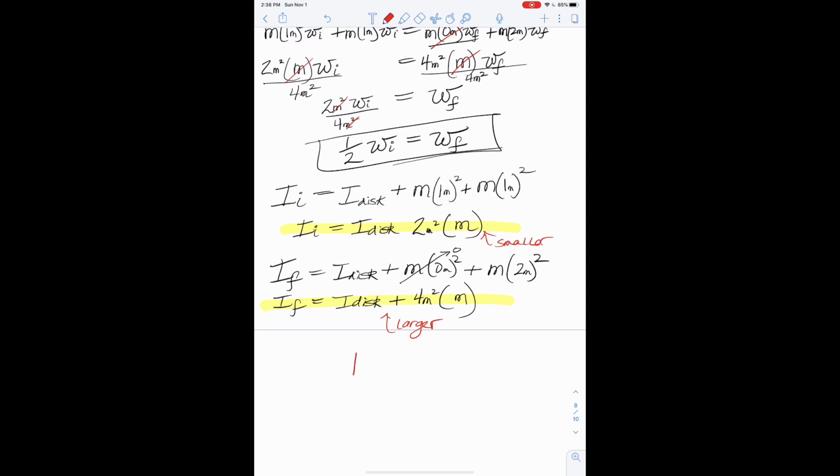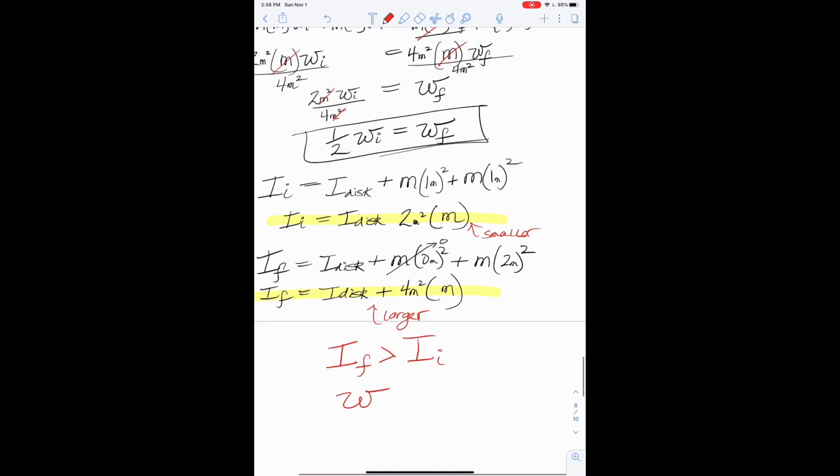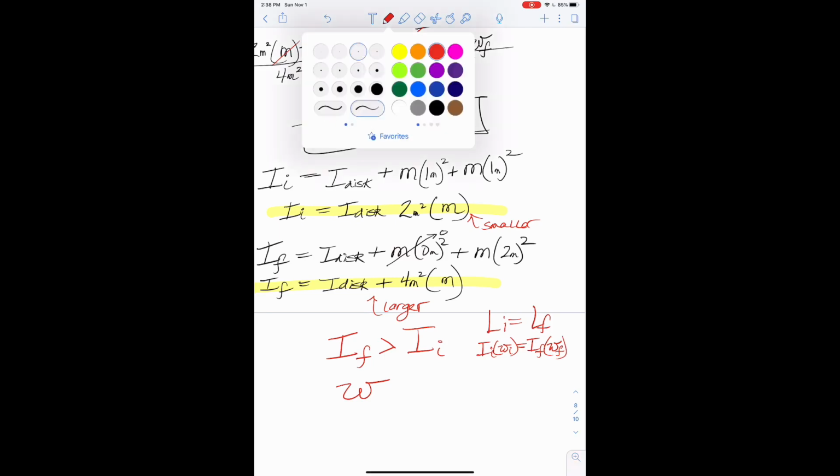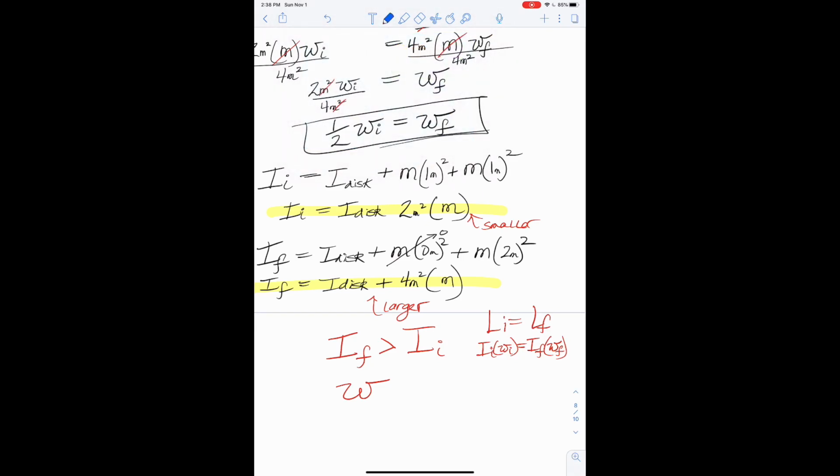And so what I'm trying to say is if I final is larger than I initial, then in order for angular momentum to be conserved, where Li equals Lf, and this is saying I initial times omega I is equal to I final times omega F, if I final gets larger, then omega F would have to be smaller.